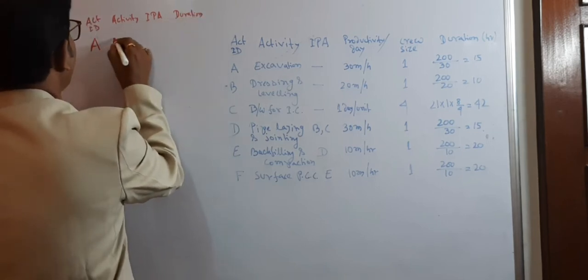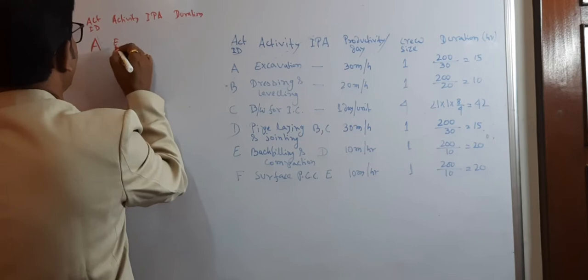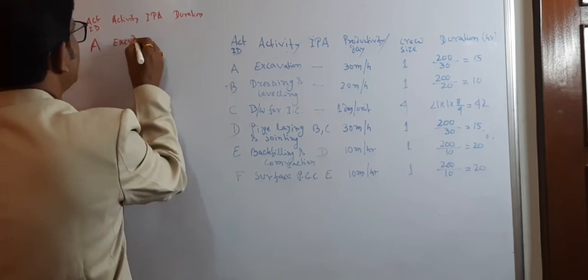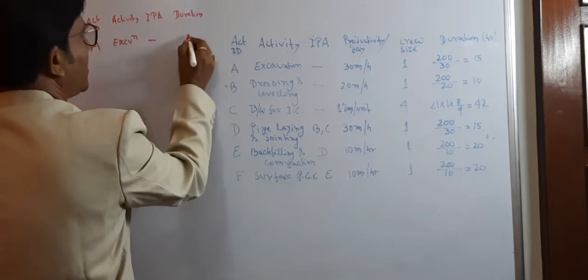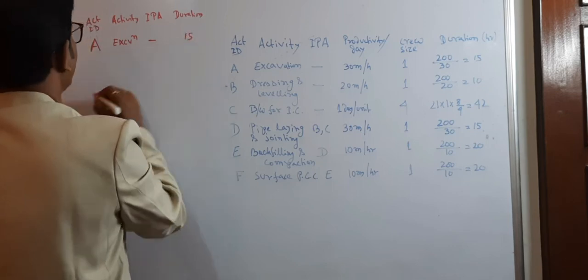So activity A is excavation, IPA is nil, and the duration is 15 hours.